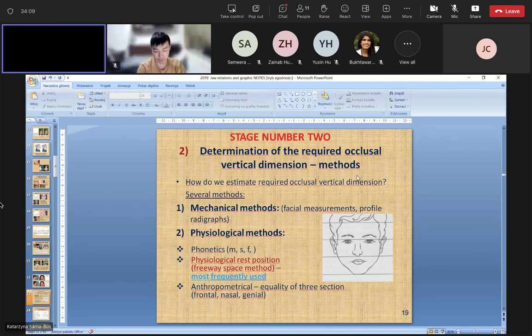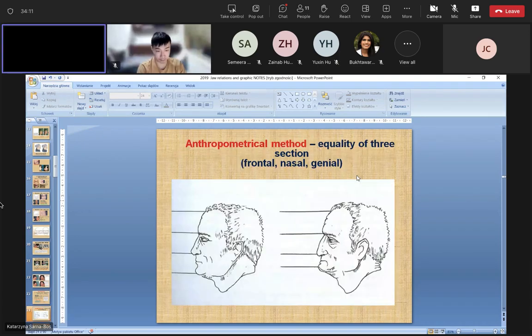What happens if the patient loses his teeth, as you see here? If the patient loses his teeth and there is no support, the lower part of the face becomes shorter, as you see here.